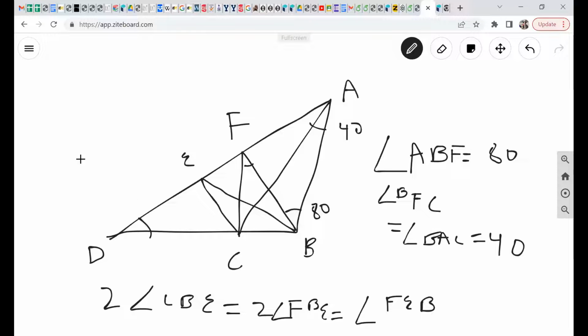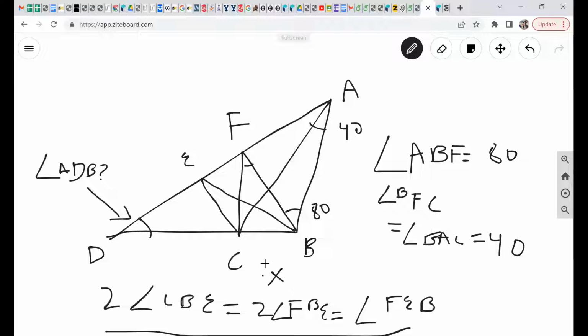So we want to find the angle ADB. What does this equal? The way we do this is, first of all, from this last condition, 2 times CBE equals 2 times FBE equals angle FEB. We can label this X. So this angle is also X, and consequently this angle is 2X. So now what can we do?